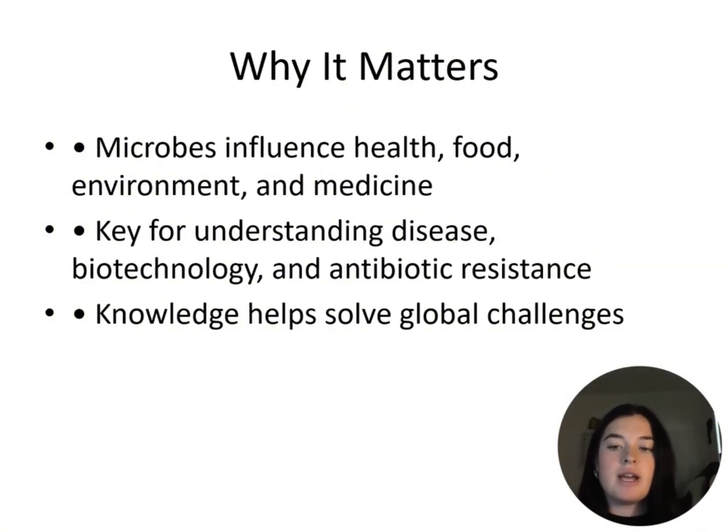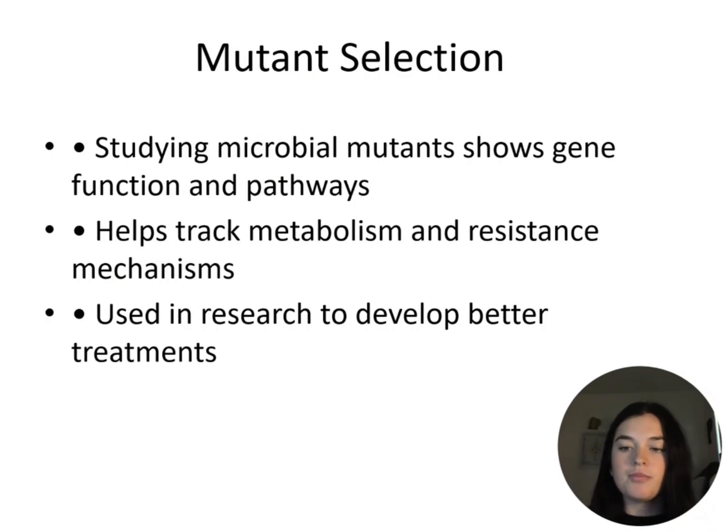This matters because microbes impact so many areas of life: our health, the food we eat, the environment, and medicine. For example, understanding microbial metabolism is key for developing antibiotics and biotechnology tools. It also helps us face global challenges like antibiotic resistance. Finally, I'll talk about mutant selection.